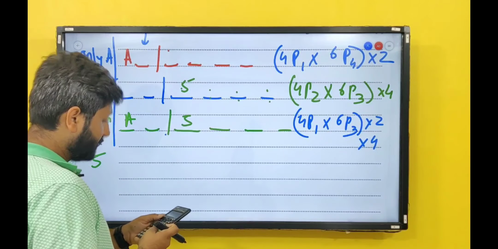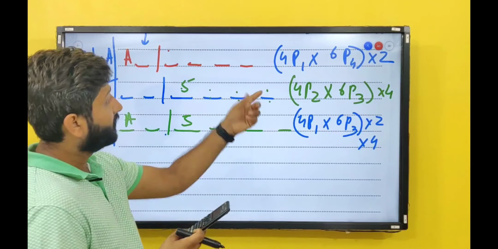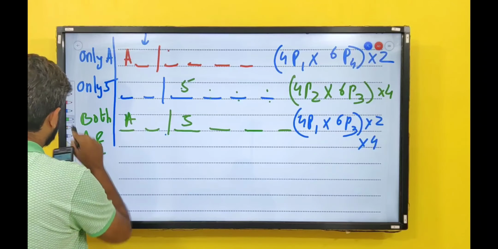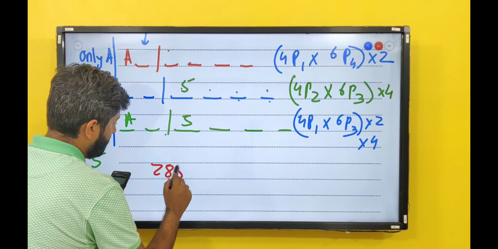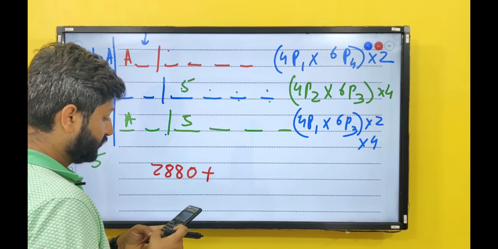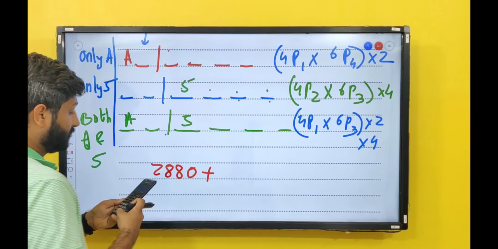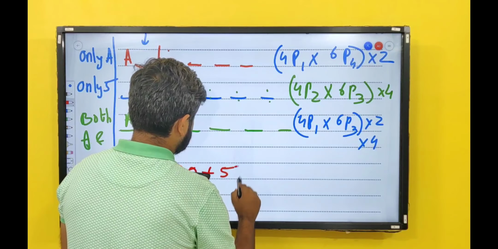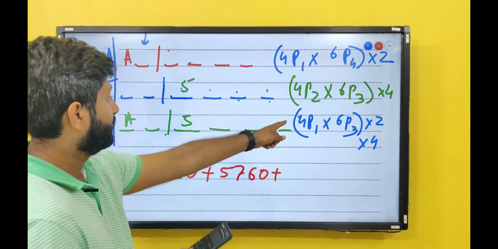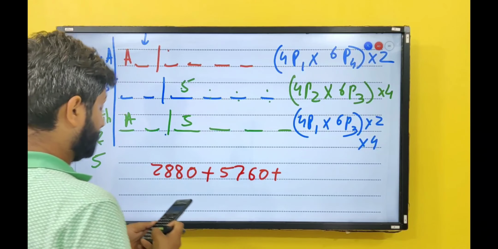So I have 4p1, which is 4. 4p1 into 2 into 6p4, which is first 2880 plus, then we have 4p2 into 6p3 into 4, which is 5760 plus 4 into 8. 4p1 is 4, 4 into 8 is 32, into 6p3.